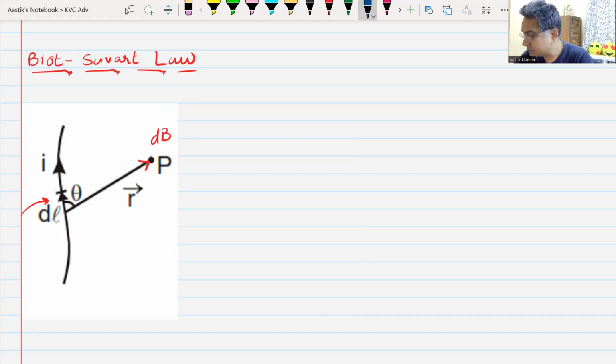Now, what factors do you think the magnetic field created by this current carrying element will depend on? We have already seen it in the Orsted experiment. You can apply some logic and tell me on what factors this magnetic field dB produced by this current carrying element depends.